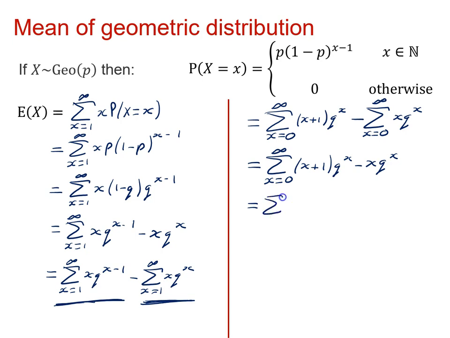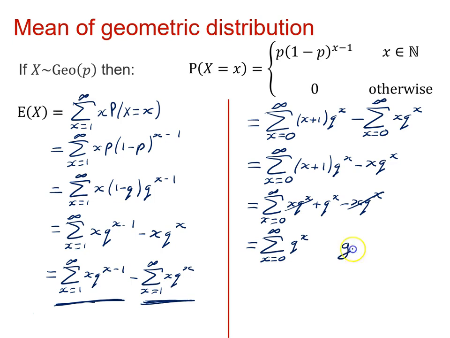Multiply out that bracket. I'm going to have x q to the x plus q to the x minus x q to the x. And you can see why that's beneficial to us, because that is going to cancel out with that. We're going to simply end up with the sum from x equals 0 up to infinity of q to the x.